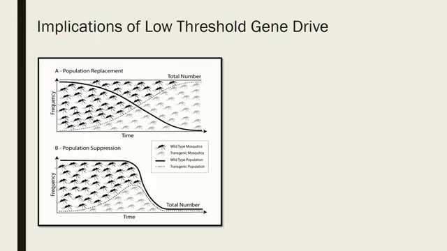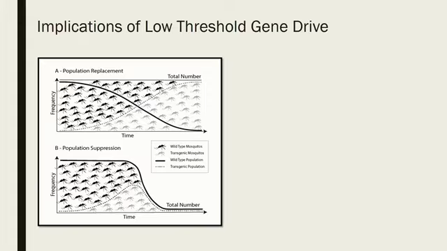So the two basic mechanisms for the release of GM mosquitoes is either replacement or suppression. Now, if you look here at the top slide, the black mosquitoes represent the wild population, the grey mosquitoes the GM mosquitoes.